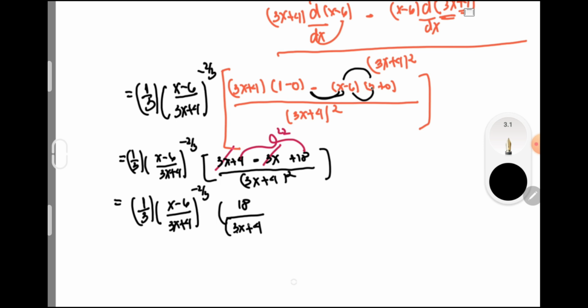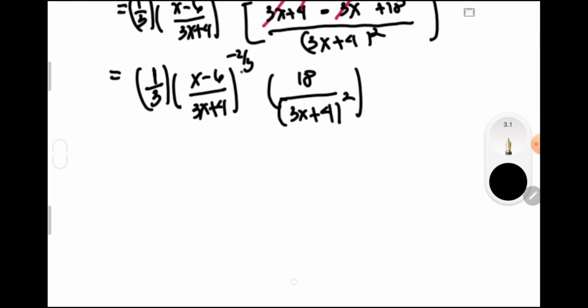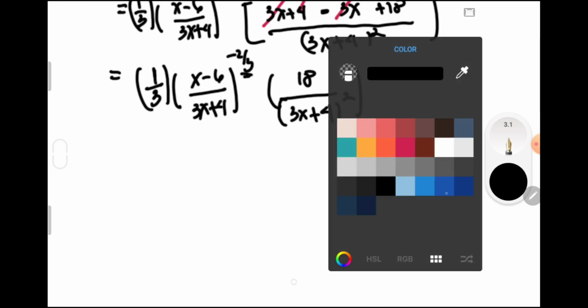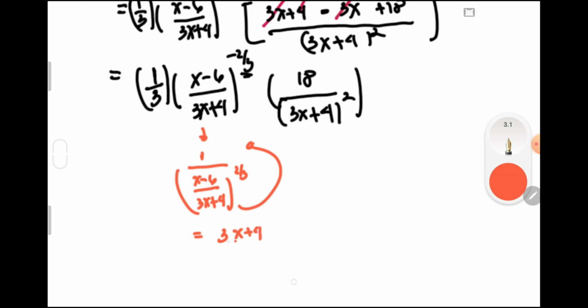Okay, by further manipulation, this has a negative exponent, so I may write it as 1 all over x minus 6 all over 3x plus 4 raised to positive 2/3. Which means I can flip it, so it can be written as 3x plus 4 all over x minus 6 raised to positive 2/3.